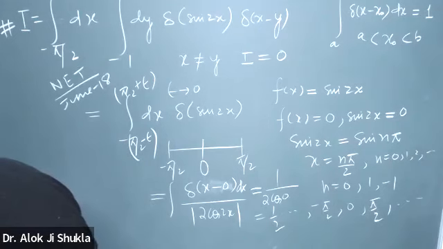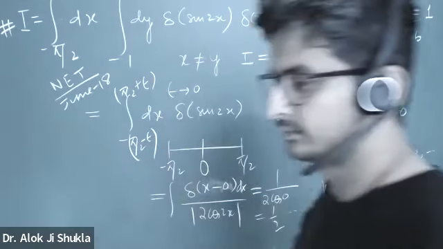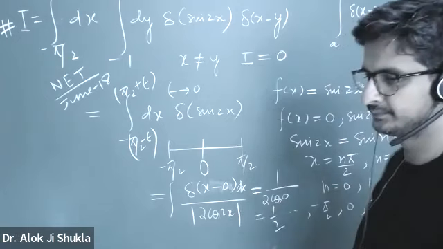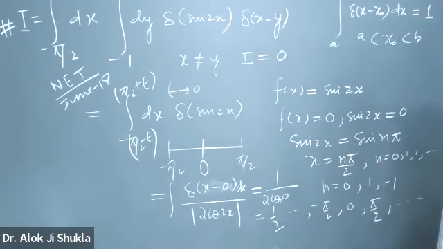Sir, how did 2 cos square x, its modulus, become 2 cos 0? Look at the formula, what happens here. Check the formula what we are doing.